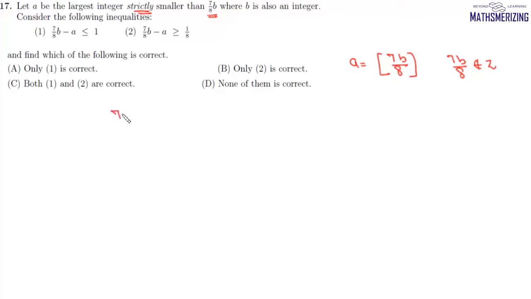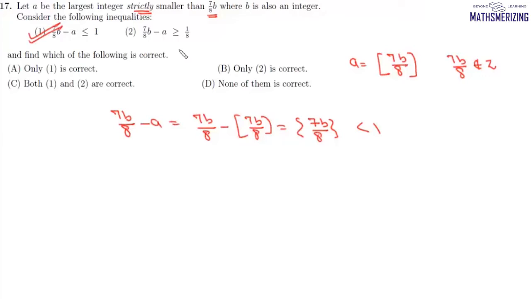Now if we look at 7b by 8 minus a, it will be 7b by 8 minus the greatest integer function of 7b by 8. So it will be nothing but the fractional part of 7b by 8. Now we know that any fractional part is always less than 1. That means statement 1 is correct.